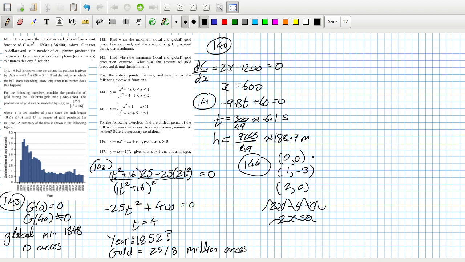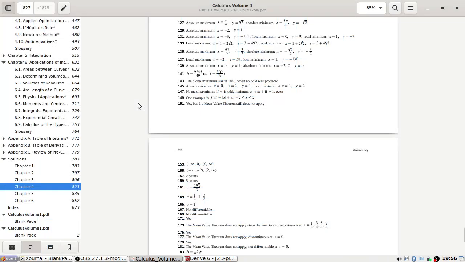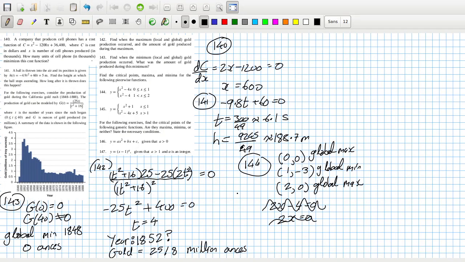So this would be a global max, I guess. And this would be a global max. And this would be a global min. I can't really plot this, so I'm not sure how to plot piecewise ones, but let's see if I get 145 correct.